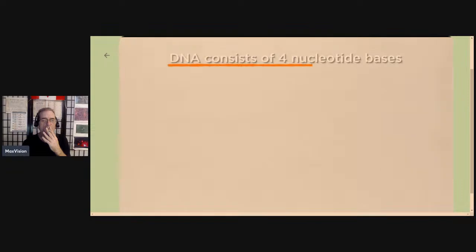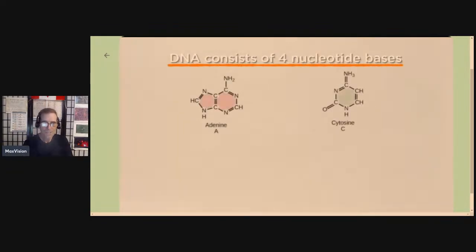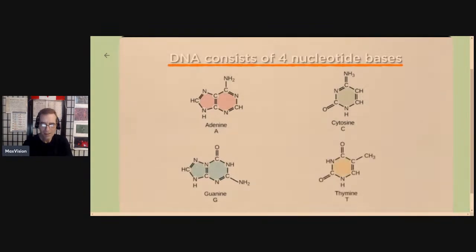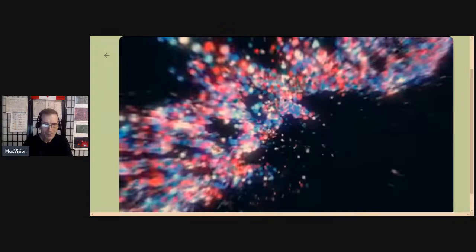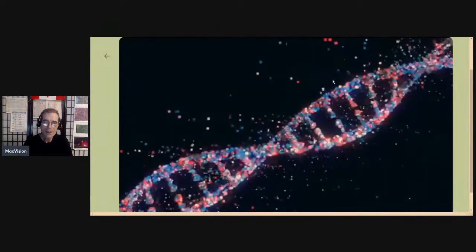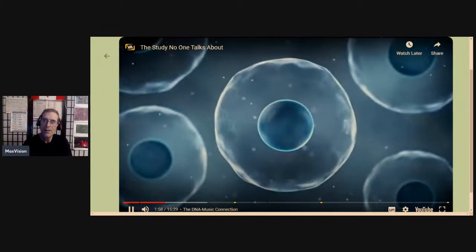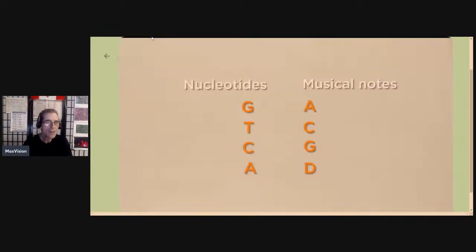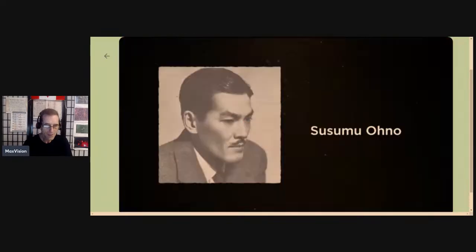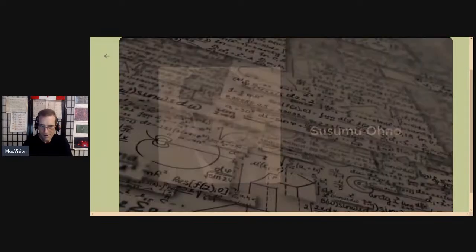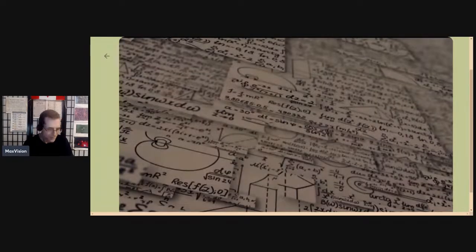DNA, consisting of 4 nucleotide bases, adenine, A, cytosine, C, guanine, G, and thymine, T, can be seen as a symphony of genetic information. Each base holds a distinct role in determining the genetic instructions that shape an organism. By associating musical notes with these nucleotide bases, Ono unveiled a profound interplay between the scientific and the musical.